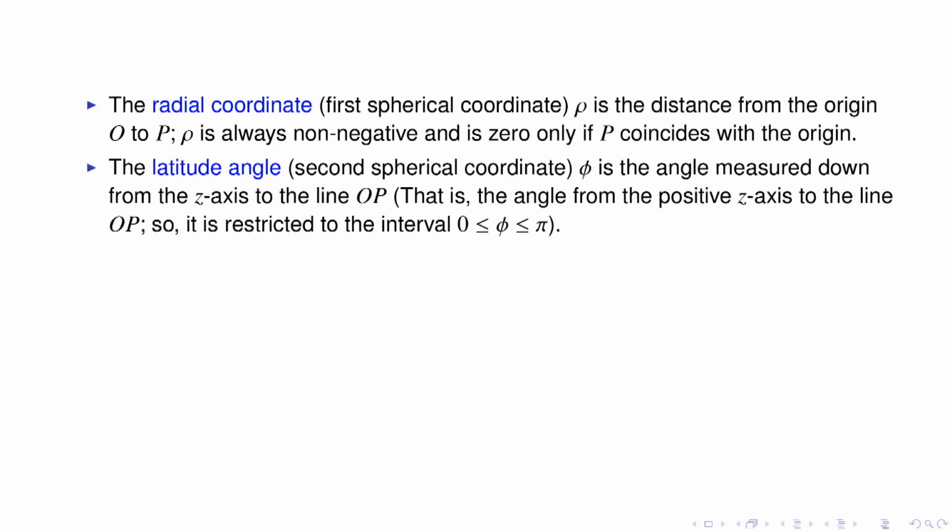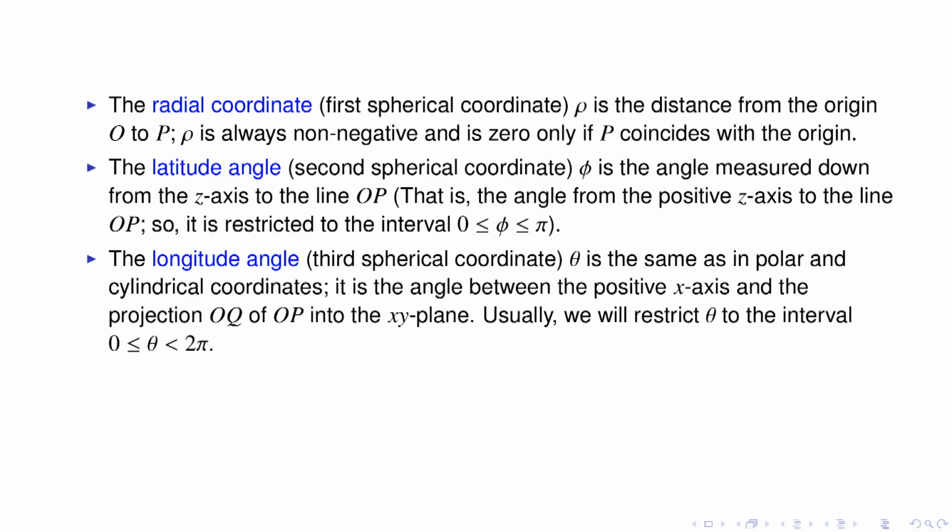The second spherical coordinate is the latitude angle phi, which is measured down from the z axis to the line OP, that is, the angle from the positive z axis to the line OP. So it is restricted to the interval 0 less than or equal to phi less than or equal to pi.